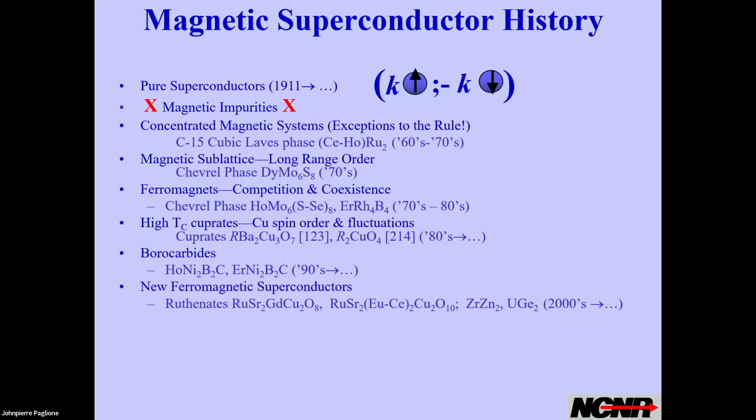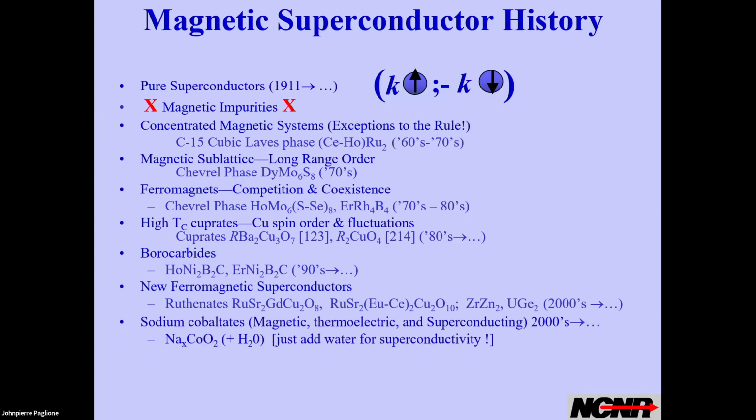And then there were a series of new ferromagnetic superconductors, most of which are not ferromagnetic, most of which are actually antiferromagnetic. And then the sodium cobalt oxide, where you can vary the amount of sodium. And the really cool thing is if you want superconductivity, it's like instant coffee. You just add water.